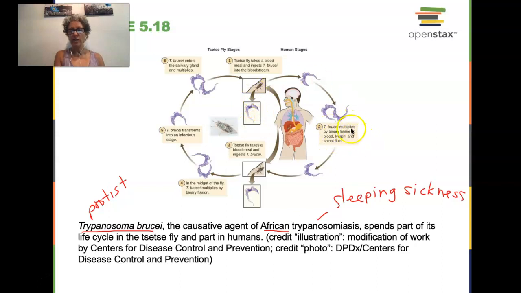It divides by binary fission, splitting in half in the blood and lymph and spinal fluid of humans. And in the midgut of the fly, it also divides. It becomes the infectious stage, and it can just be passed from person to person via the tsetse fly bites. So this disease is found not only in Africa, but primarily in Africa, because that is where this particular fly lives, and without this fly, the protist cannot complete its life cycle.